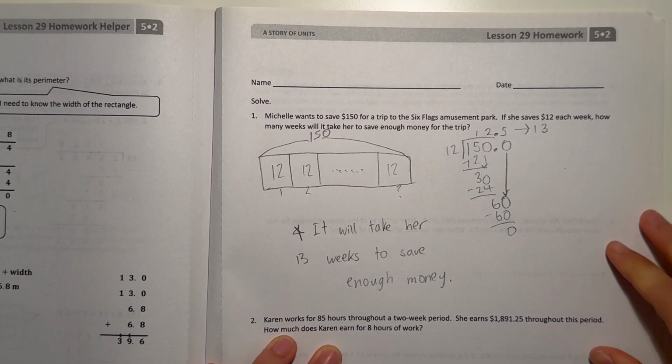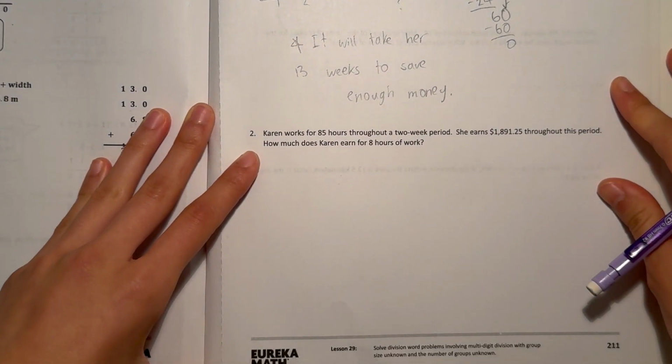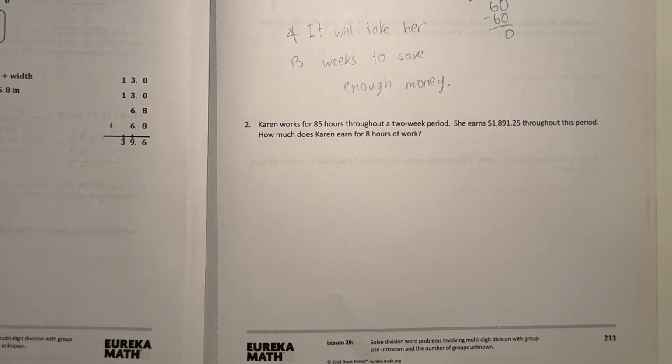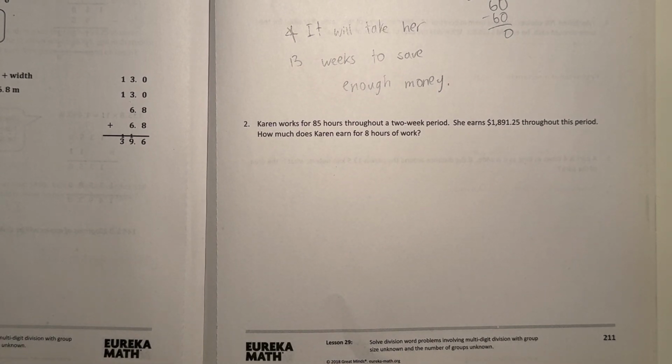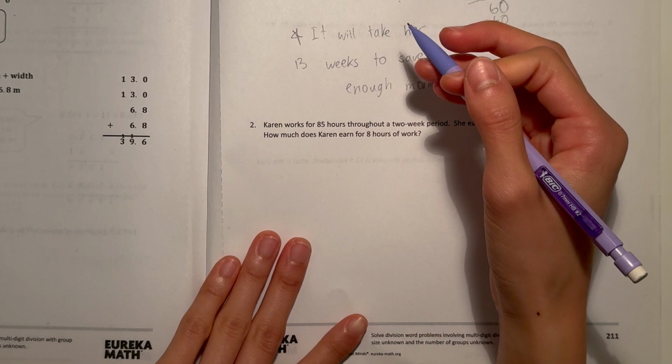Alright, number 2. Karen works for 85 hours throughout a 2-week period. She earns $1,891.25 throughout this period. How much does Karen earn for 8 hours of work? Alright, so 85 hours.